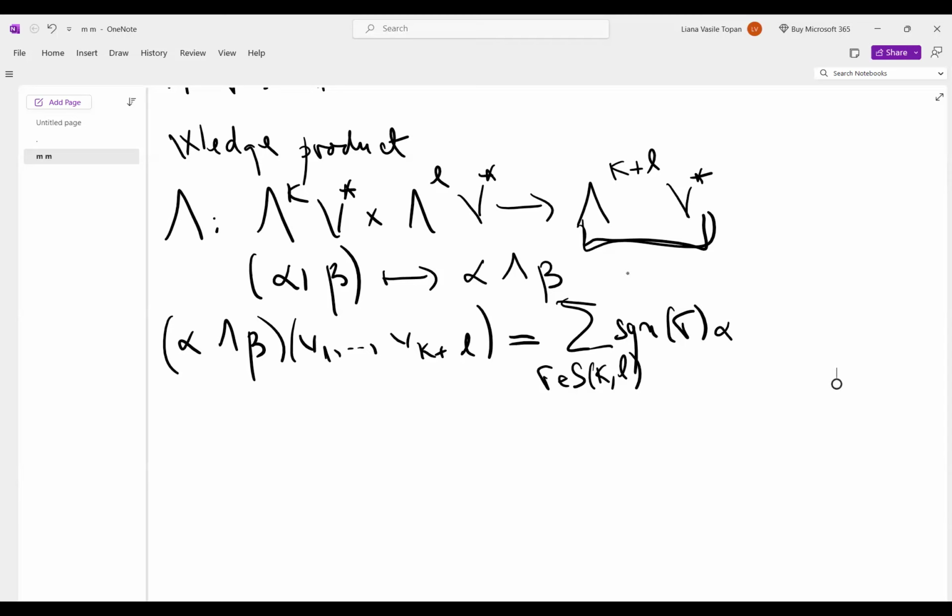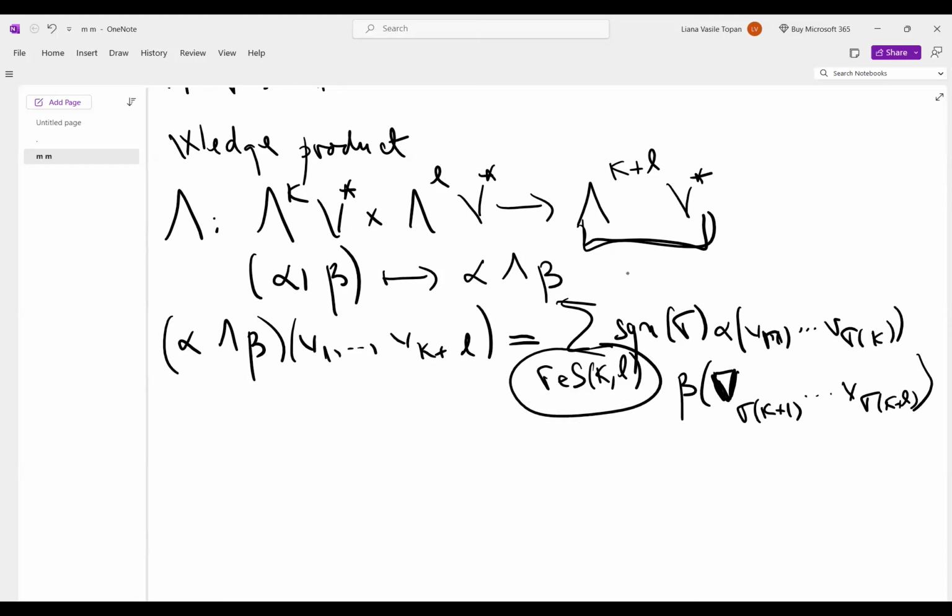Then alpha applied on the first k terms, v_{sigma(1)} up to v_{sigma(k)}, remember that these have real values, so this is a real number, times beta applied on v_{sigma(k+1)} up to v_{sigma(k+l)}, so on the last l components, right? This is correctly defined.